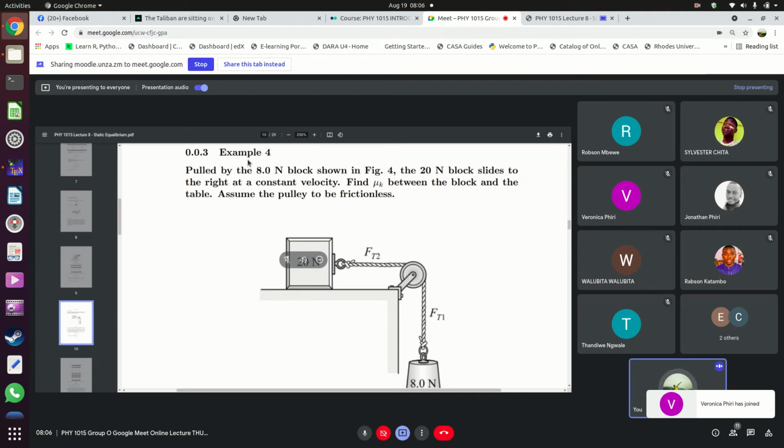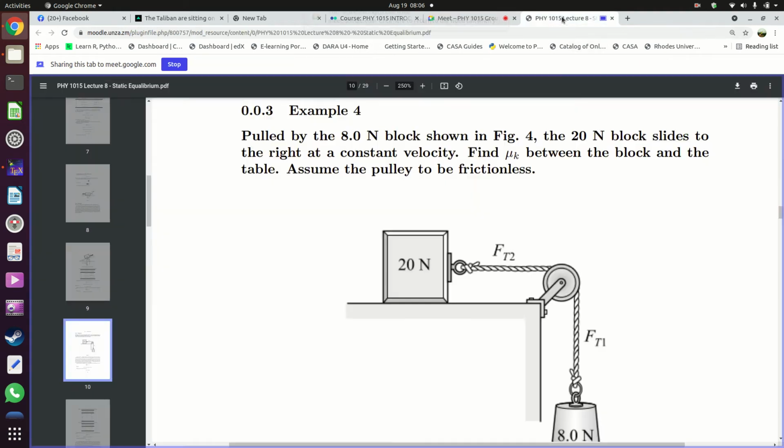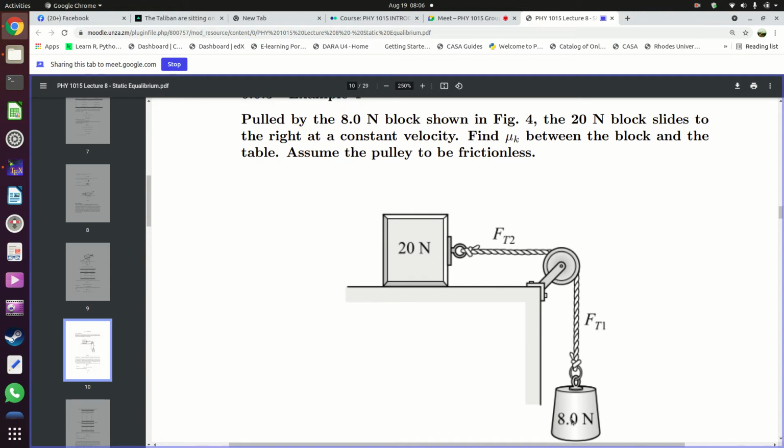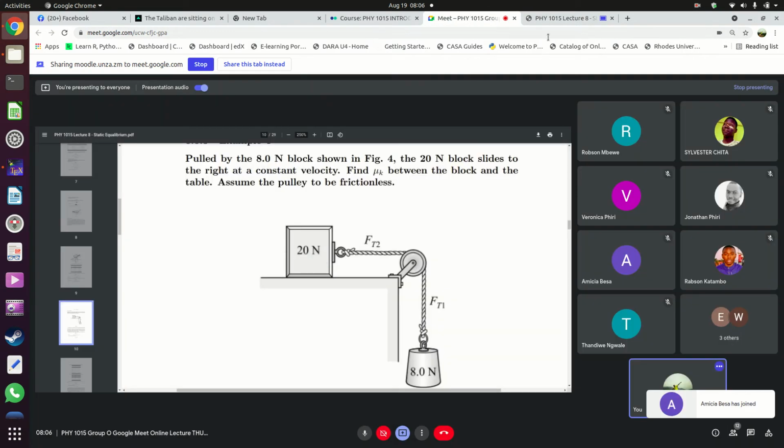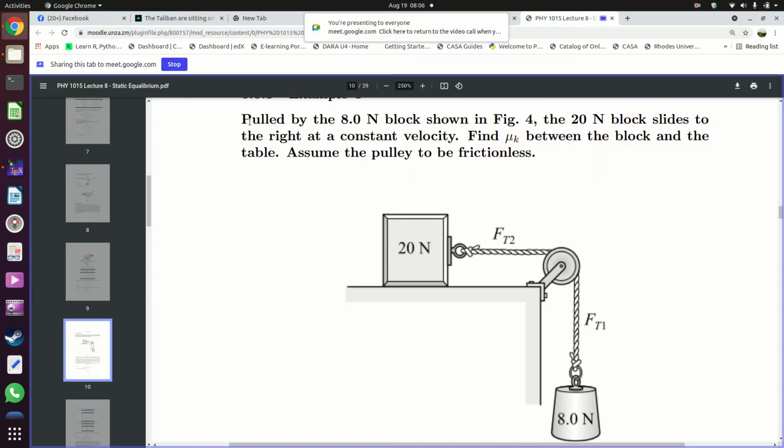So example number 4 reads as follows. Pulled by the 8 Newton block shown in figure 4, which is this one here, the 20 Newton block slides to the right at a constant velocity.